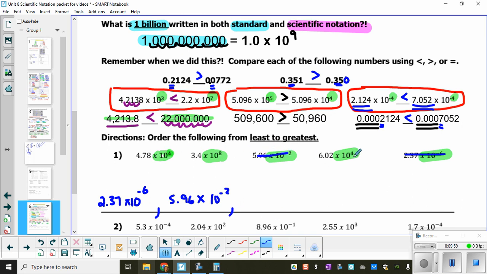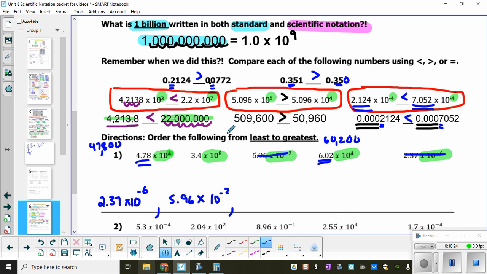Now we have a 4, an 8, and a 4. Now we mentioned when the exponents tie, we have to look at these numbers right here. So this one is going to be 47,800. If we convert this, this is 47,800. And this one would be 60,200.